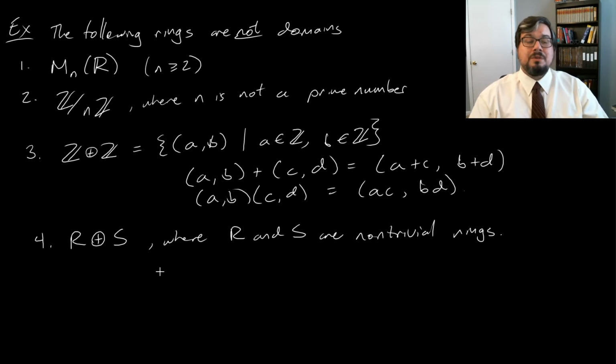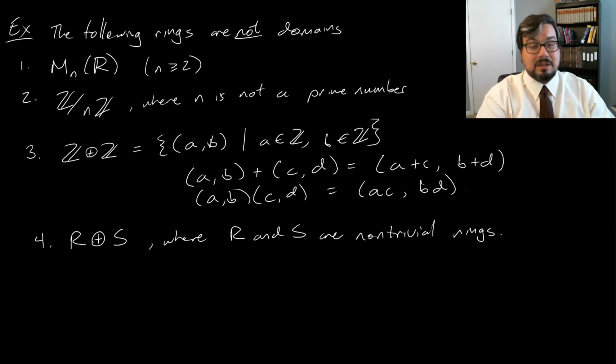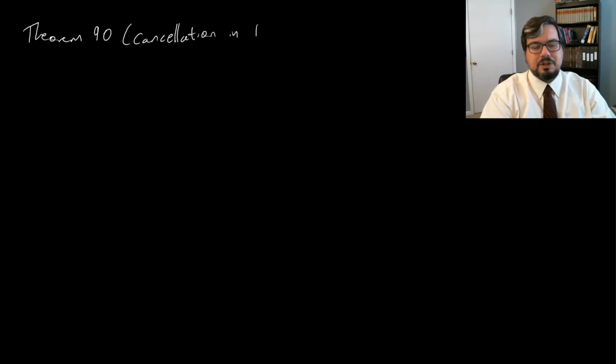All right, so now let's see that working in domains exactly gives us the cancellation property that we like, that we know from working with groups and would like to continue to use. So let's look at Theorem 90, which we can call cancellation in domains.